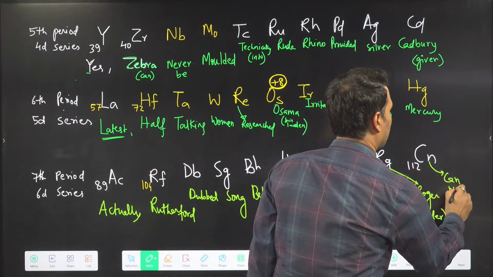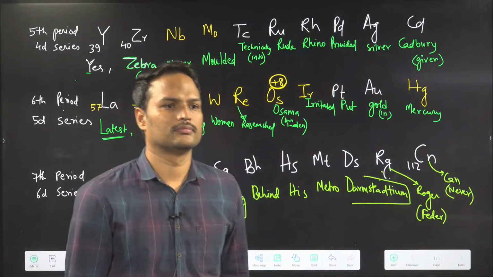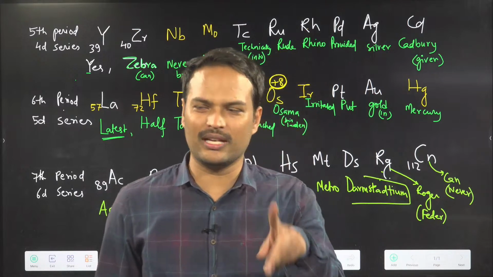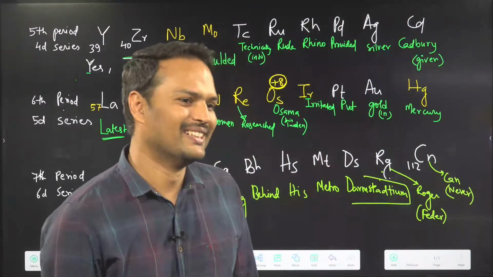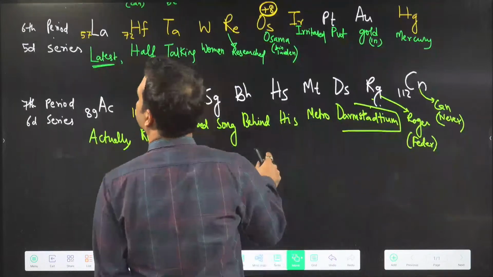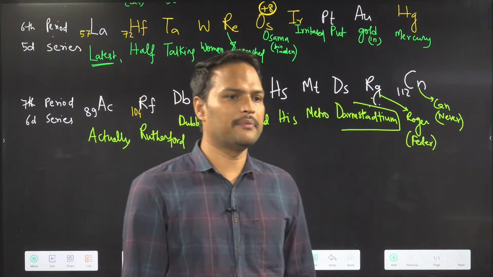Can never. Okay. Table tennis, tennis or table tennis, both games are different. Okay, so tennis. Sania Mirza, Roger Federer. Clear.